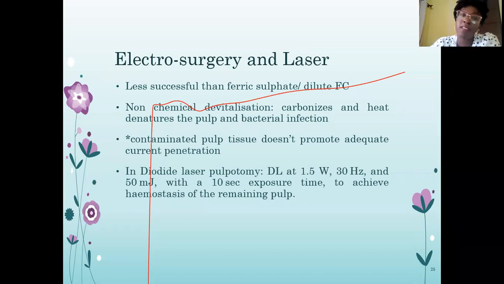However, it is less successful than ferric sulfate or dilute Formocresol. So this offers a non-chemical devitalization. What it does, it carbonizes and heats, denatures the pulp, and then denatures any bacterial infection. So in the diode laser pulpotomy, those are the measurements that I use to achieve hemostasis of the remaining pulp.